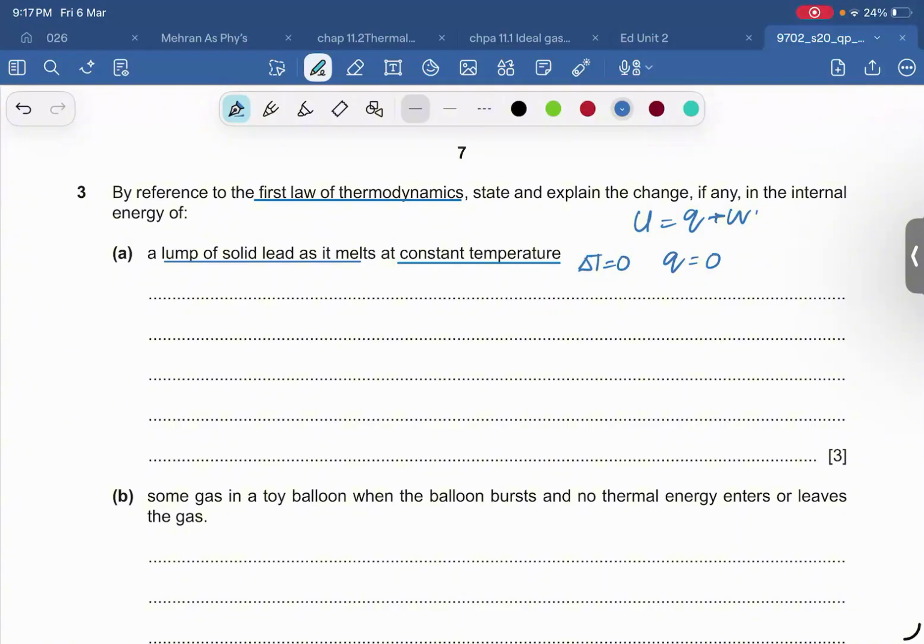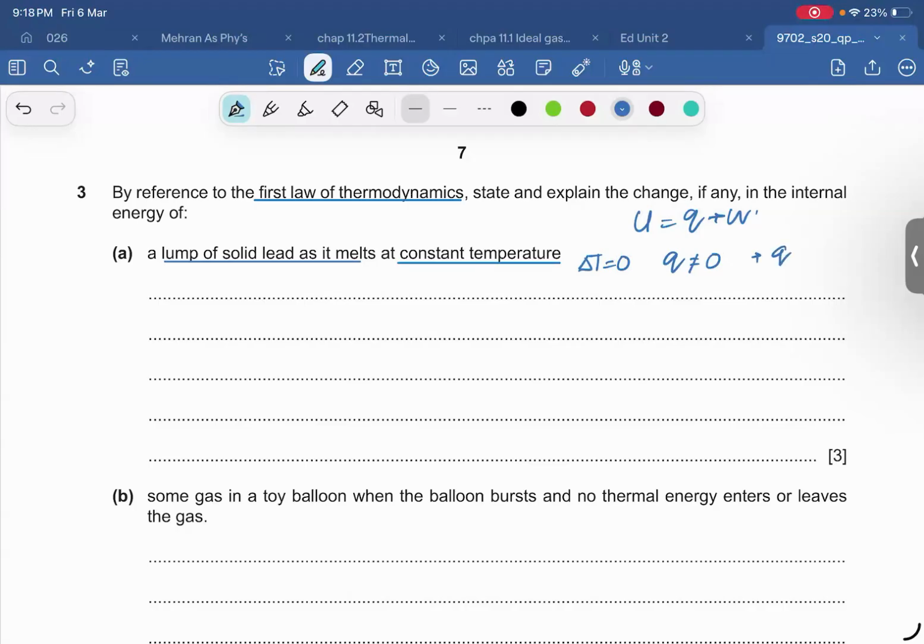But as it melts, the temperature is not rising, but the heat is still being supplied because we have a state change. So Q shouldn't be zero, because the heat is consumed in bond breaking. So Q should be positive.